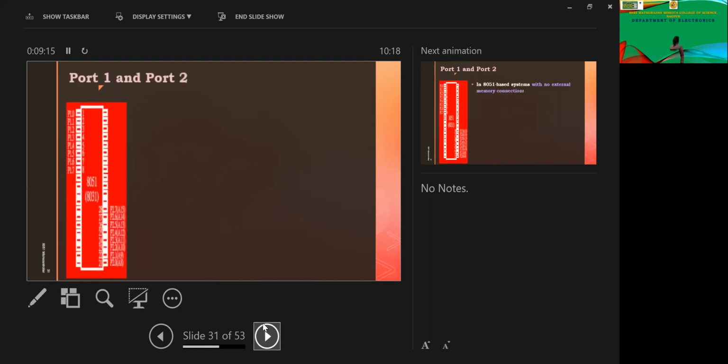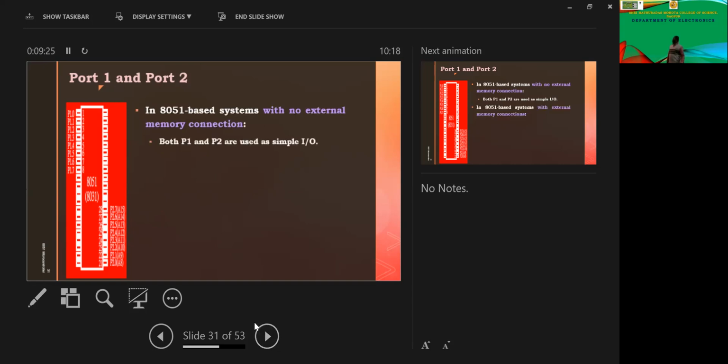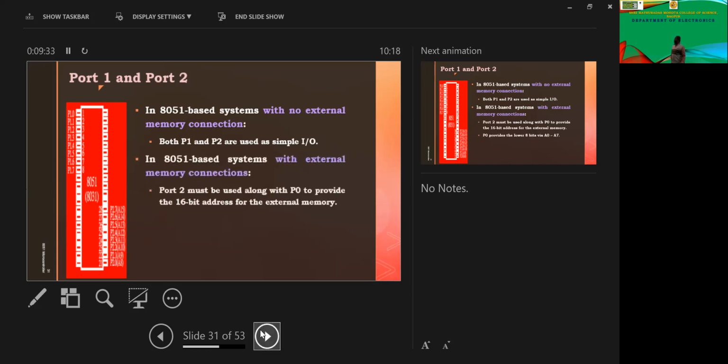Then port 1 and port 2 can be combined like this. Both P1 and P2 are used as simple input output ports, but in the case where we are using them with external memory connections, port 2 must be used along with P0 to provide a 16-bit address.